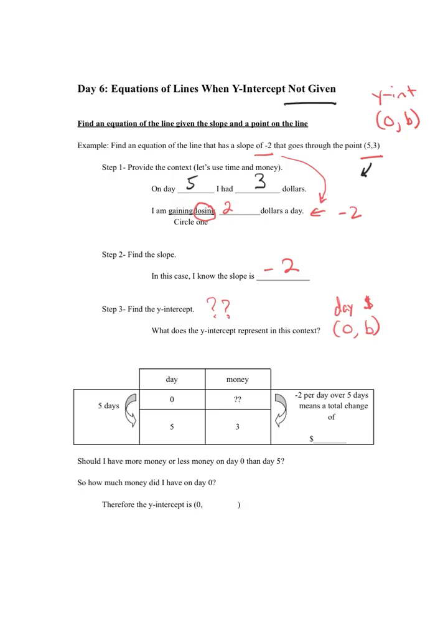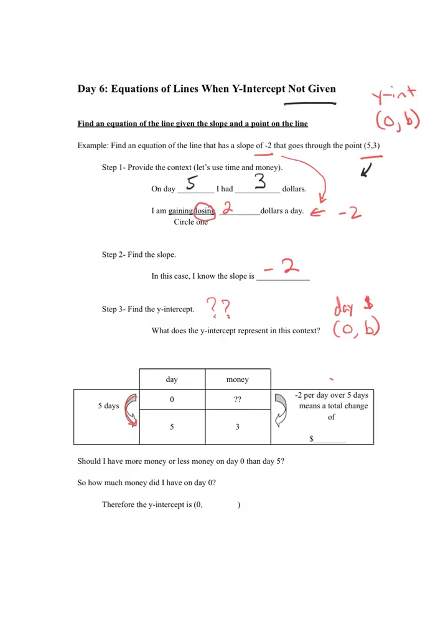So if I was losing $2 a day, and we know that on day 5, I had $3, we can just kind of run that back in reverse, right? Over those 5 days, from day 0 to day 5, we know we were losing $2 per day for 5 days. So how much money did we lose over that time?